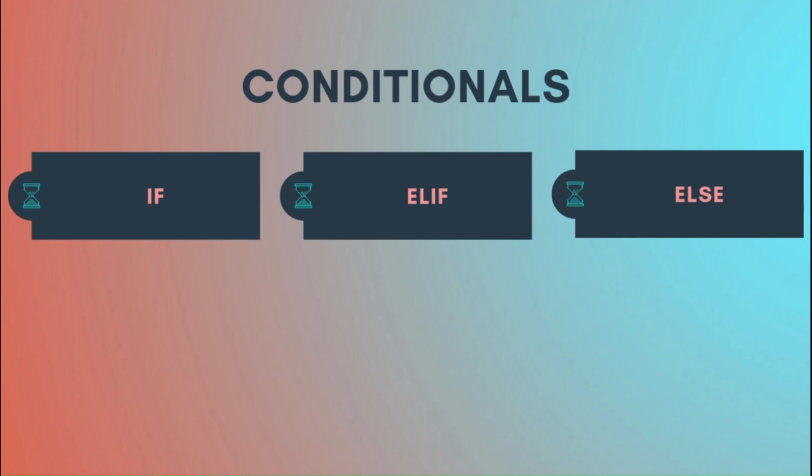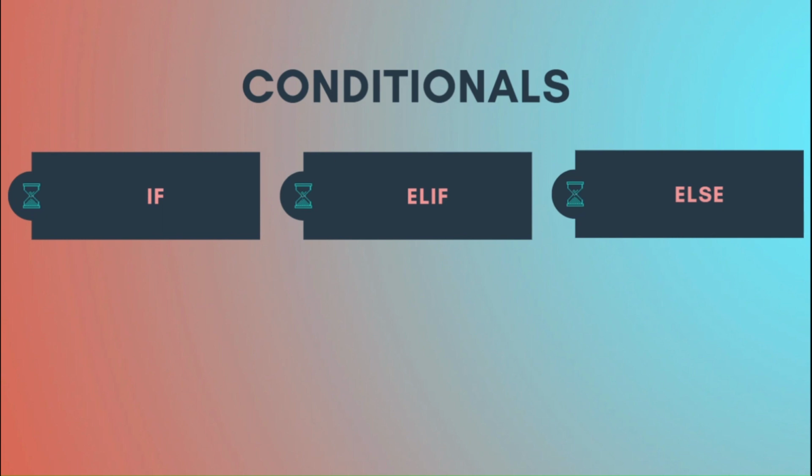The else block does not have a condition associated with it. If none of the conditions specified in the if and elif statements are true, the code block beneath the else statement is executed. Generally speaking, comparison operators are often used with conditionals to perform a specific task.